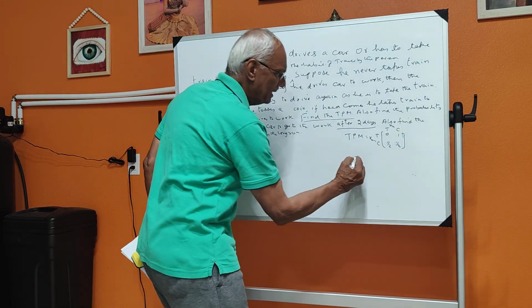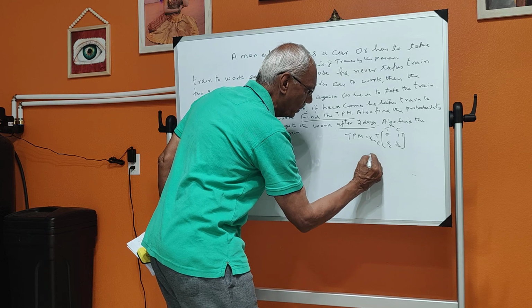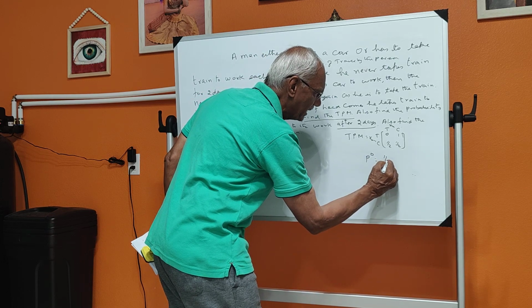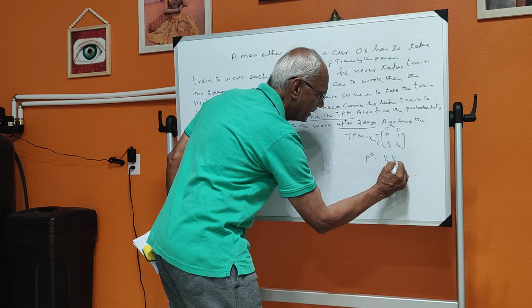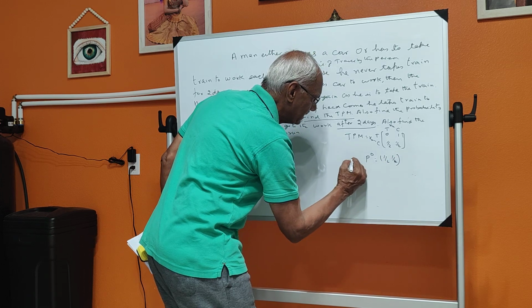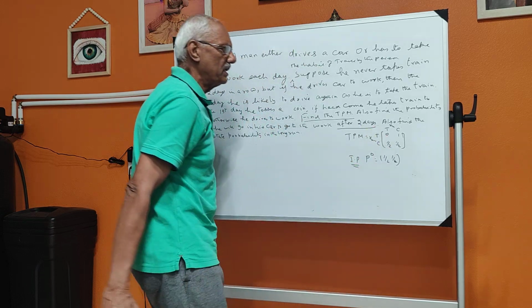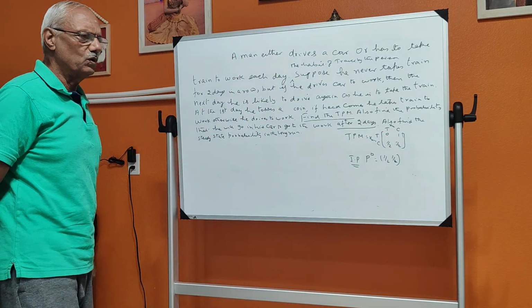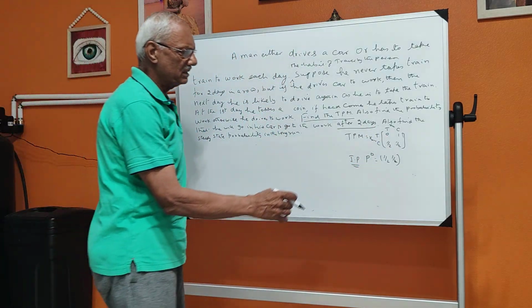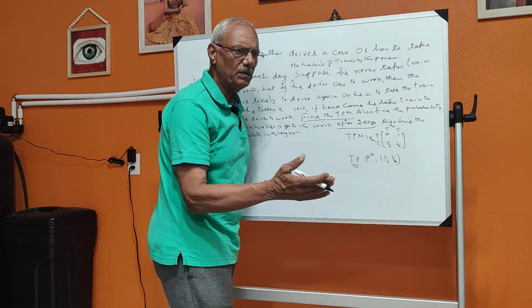It is given as per the problem that the initial probability is half and half. This is the initial probability, P0 is equal to half and half. We get this as per the problem.